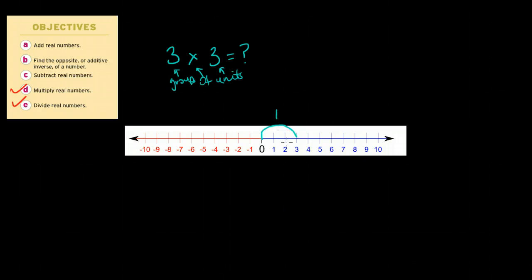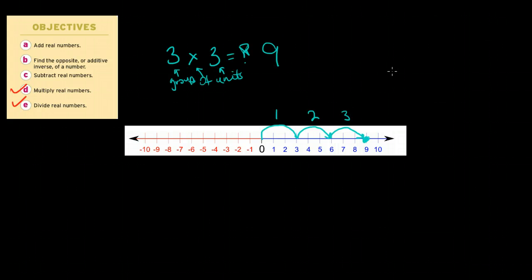That's one group of 3. And then we're going to jump by 3 again. And that's 2 groups of 3. And then finally we're going to jump a third time by 3 all the way to the number 9. And that's our third group of 3. So 3 times 3 equals 9. When I multiply 3 times 3, I get 9.